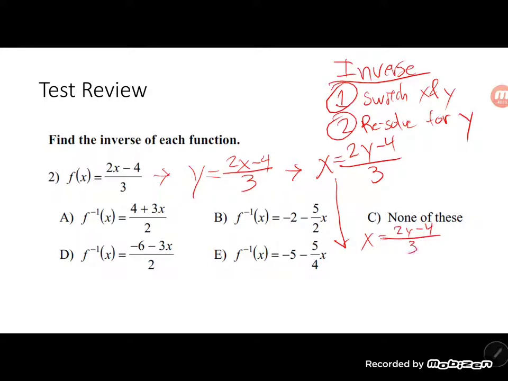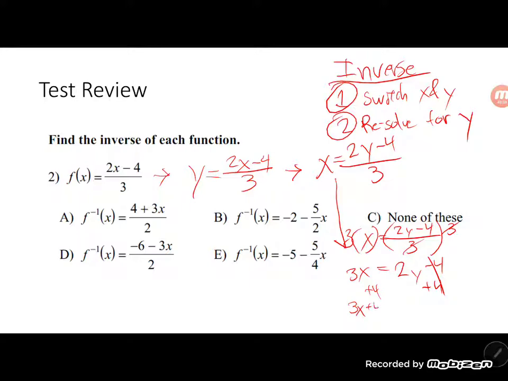So we're going to come down here, and we have x is equal to 2y minus 4 divided by 3. I can multiply both sides by 3 to get rid of that division of 3. So those can cancel. And I'll have 3x is equal to 2y minus 4. I can now add 4 to both sides to get rid of this minus 4. And remember, 3x and 4, they do not add. Those are not the same terms.